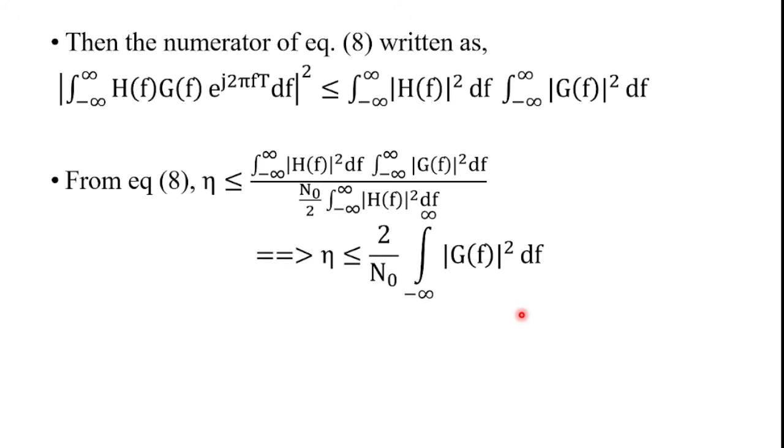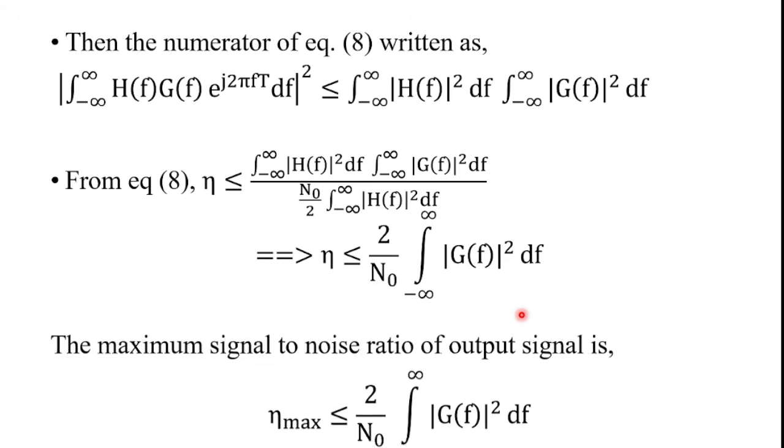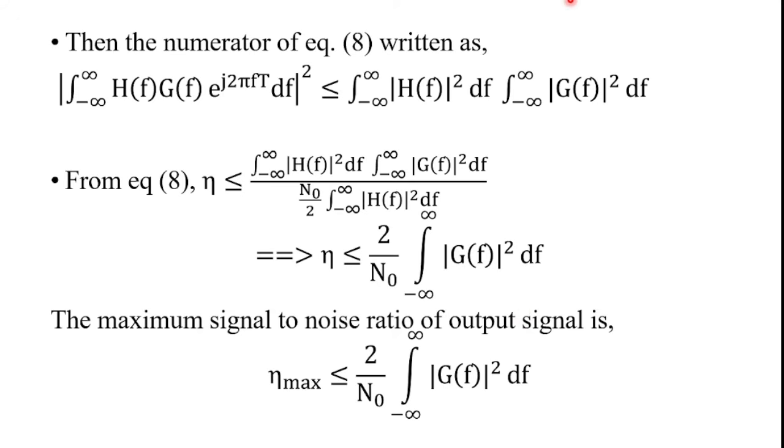So therefore, the maximum signal to noise ratio of the output signal is eta maximum less than or equal to 2 by N naught integral from minus infinity to infinity of magnitude of G of f whole square df. And this is the maximum signal to noise ratio of the output signal.